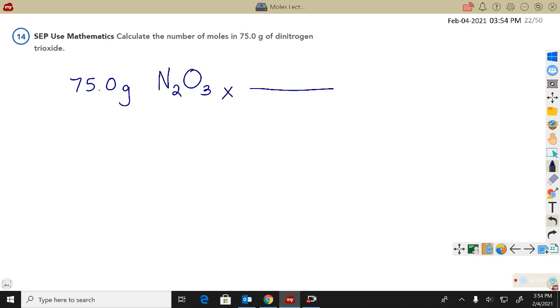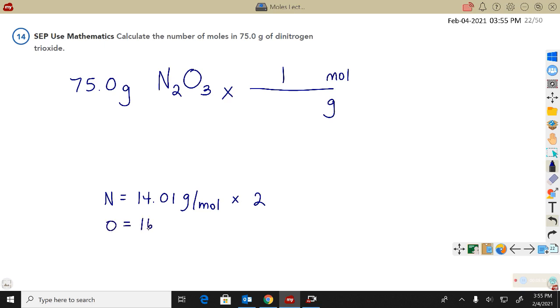Alrighty, I set up my proportion. I do not want my answer in grams. The unit that I want is moles. Whenever I see moles on a proportion, I know it's going to be a 1. And whenever I see grams, I'm going to add it up on my periodic table. So I'm going to say nitrogen is about 14.01 grams per mole. And there will be 2 moles of nitrogen atoms for every mole of dinitrogen trioxide.